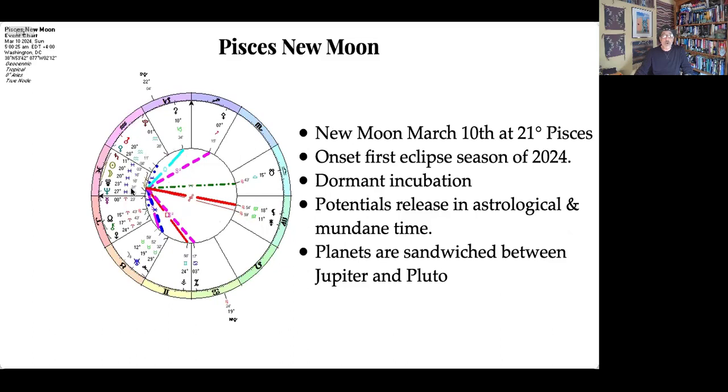The planets are all poised on the eastern horizon in this chart. It's quite intense. And they represent tremendous potentials for release in astrological and mundane time. All of the planets are sandwiched basically between Pluto and Jupiter.